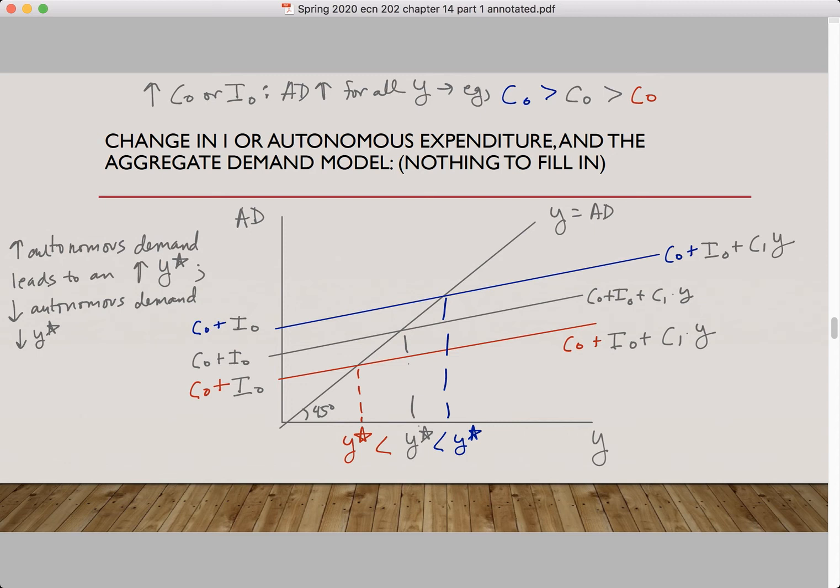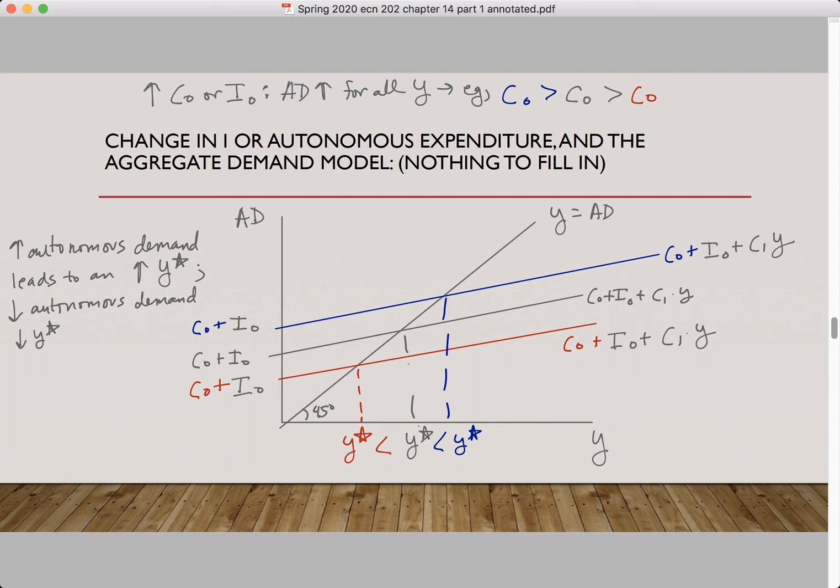If we have an increase in, say, autonomous spending, households start spending more for some reason, regardless of what their income is, then we're going to expect an increase in equilibrium GDP. The blue Y star is greater than the gray Y star. And the red Y star, when C0 is less, is due to less spending, so GDP equilibrium is going to fall.